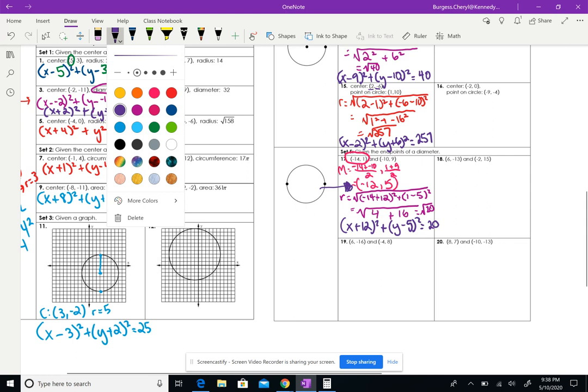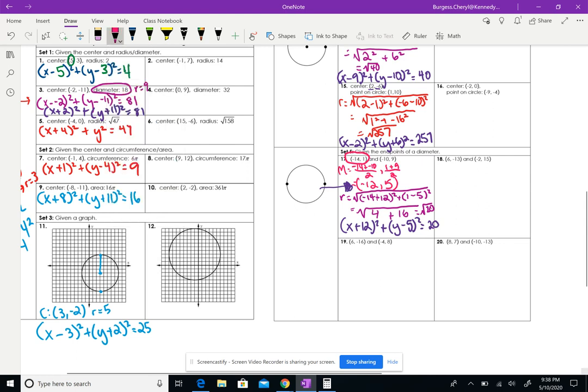Let's do it again. All right, we're going to find the midpoint, which is the center. 6 plus negative 4 divided by 2. And negative 16 plus 8 divided by 2. 2 divided by 2 is 1.